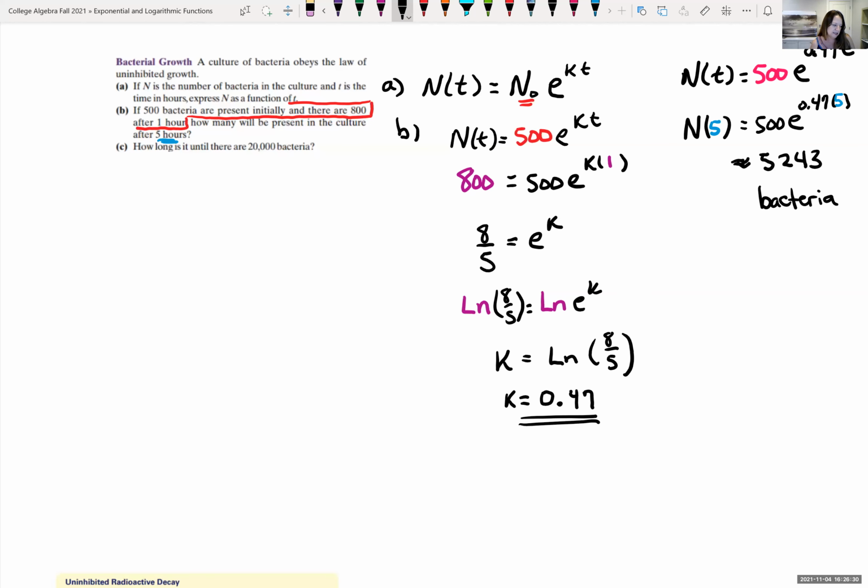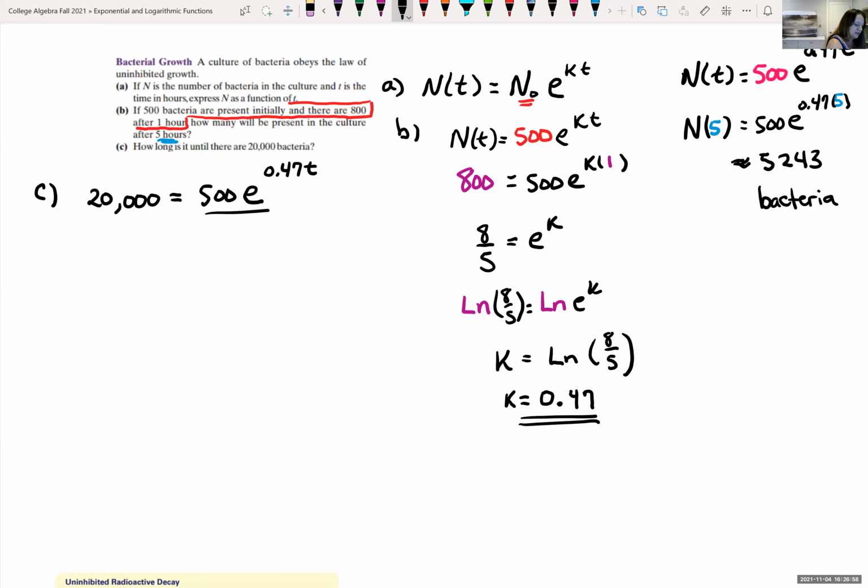Okay, so the next part says, how long will it take for 20,000 bacteria? And so part C, we know the amount, which is 20,000, is equal to our initial amount, 500, times e raised to the 0.47 times t in the exponent.